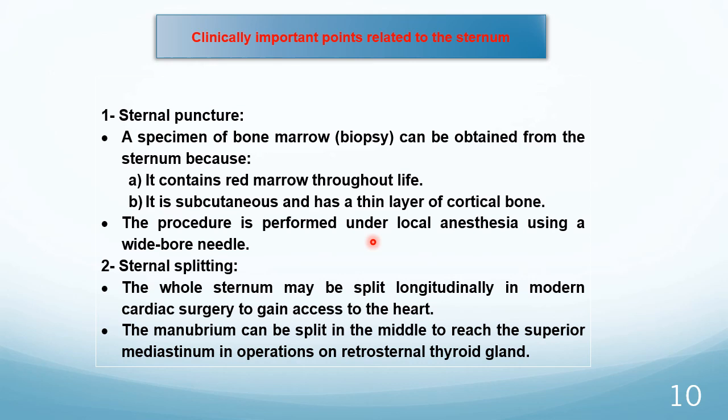We can count the ribs and intercostal spaces. It is very important, as we can detect cardiomegaly, aortic regurgitation, or different structures through counting the ribs.